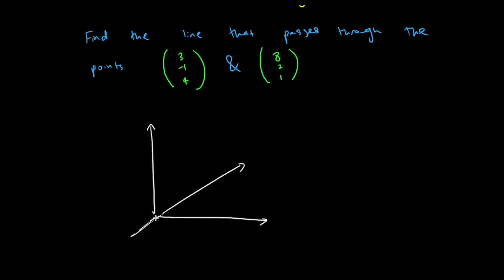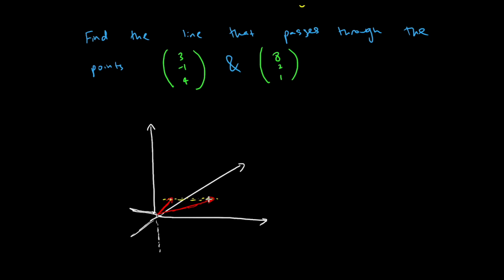Actually, I should probably extend these axes. We have (3, -1, 4), so I could say maybe here. And then (8, 2, 1). These drawings are pretty bad, but it's hard for me to draw in 3D.